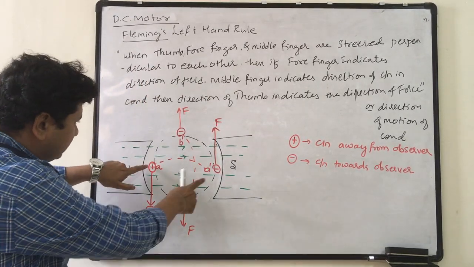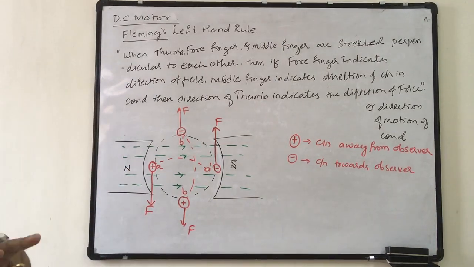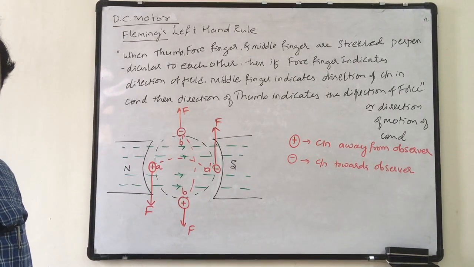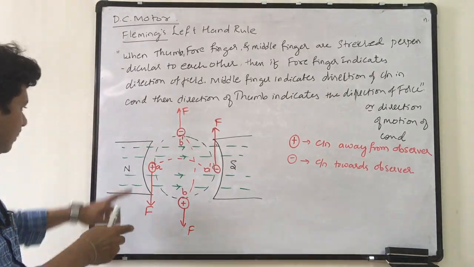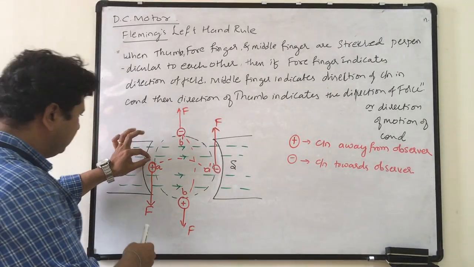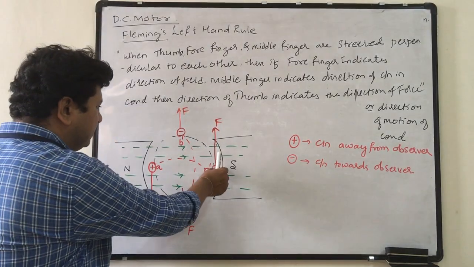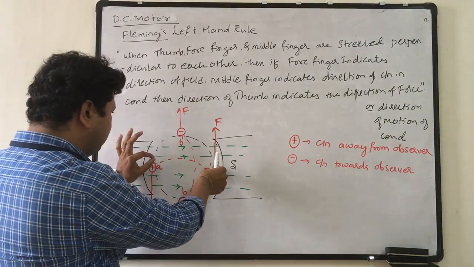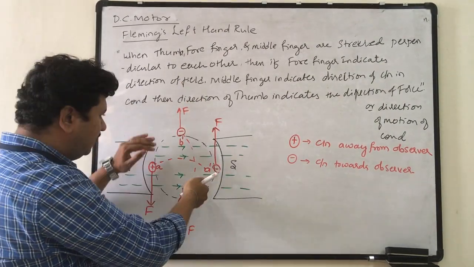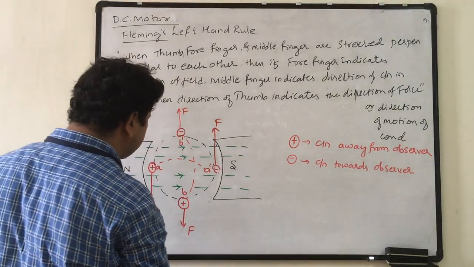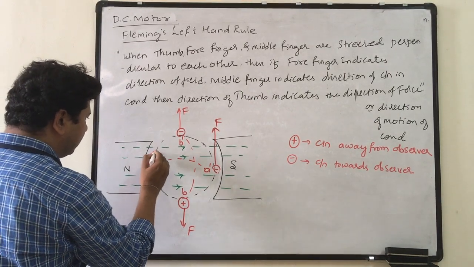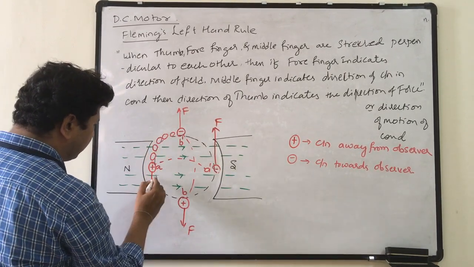Though it appears the force exerted on both coil sides is opposite to each other, because one is downward, one is upward, in the rotating motion these forces are called cumulatively directed force, because this is dragging the rotor downward, this is pushing the rotor upward. So the rotor, here it goes down, here it goes up. Okay, it moves. Now let us take, there are many conductors. We know that all the conductors under the north pole will carry the same current.